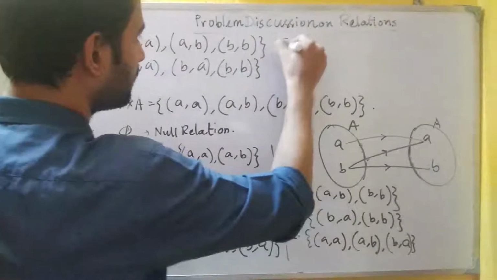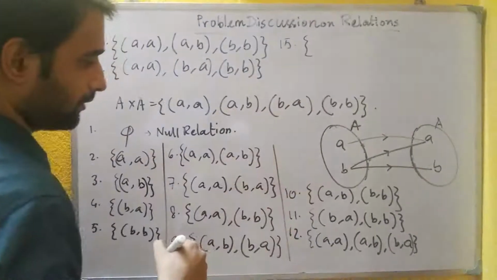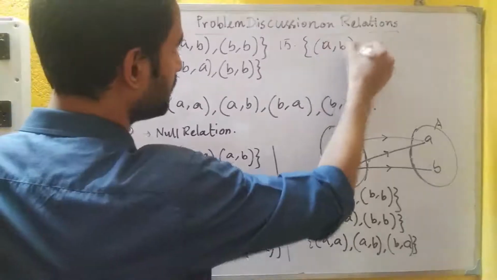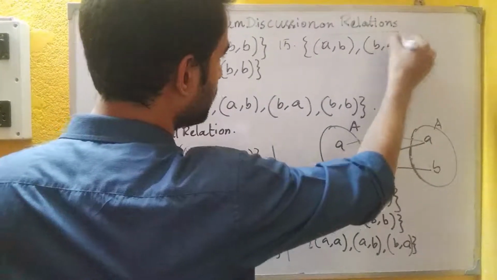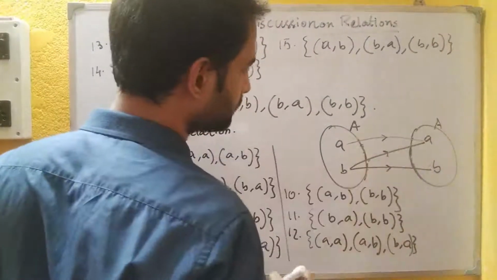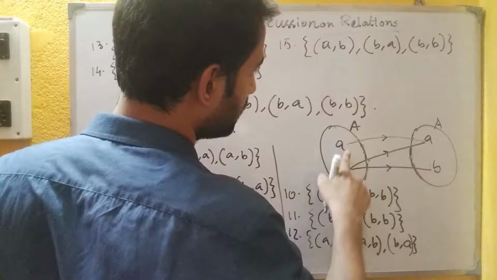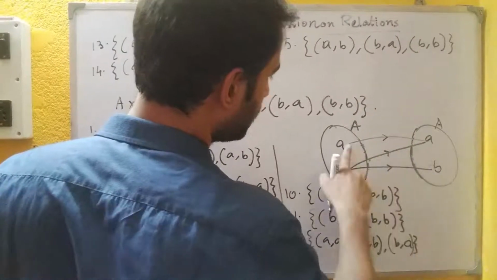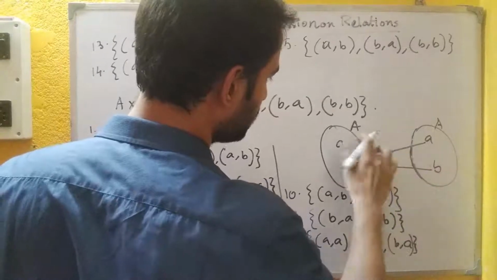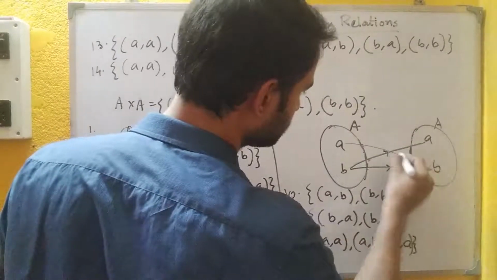Number 15, it says AB, BA, BB. That means BA and BB are okay. We have to erase A comma A. That means the relation will be like this.